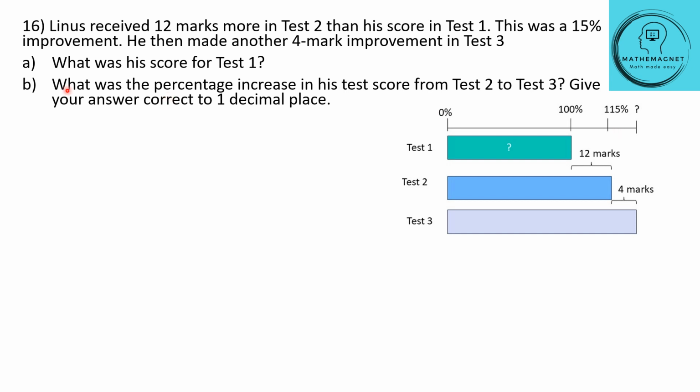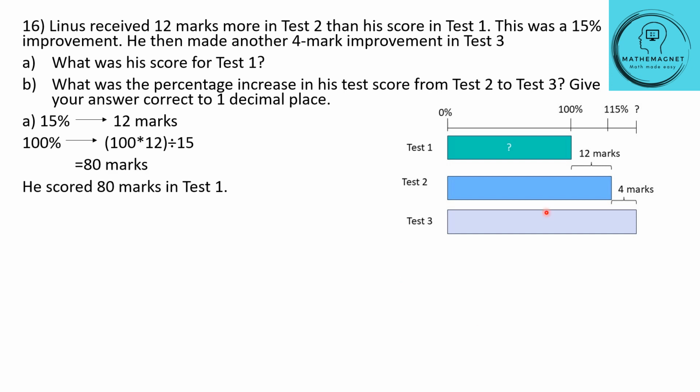Now for solving A, we know 15% is equal to 12 marks. So 100% will be 100 into 12 divided by 15, which is equal to 80 marks. So he scored 80 marks in test 1. For question B, the test 2 score we know is 80 plus 12 marks.